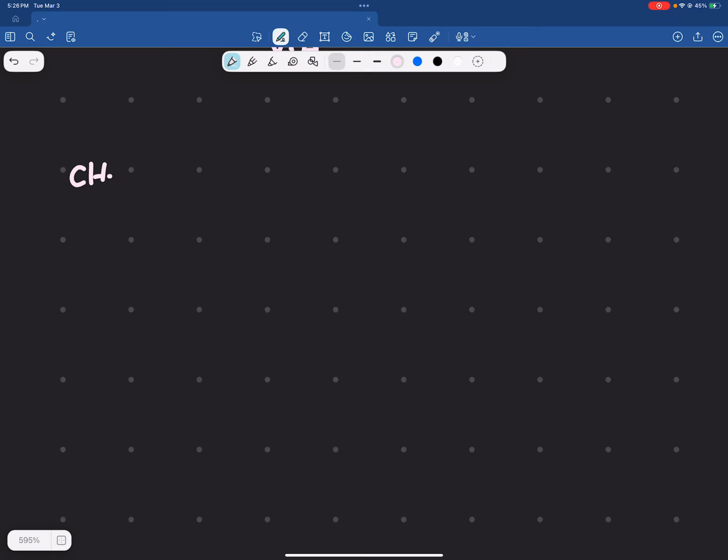So if we have CH3, CH, CH2, CH, and this is our Aldol product. It's actually the product we formed earlier. So this would be the alpha, and this would be the beta carbon.